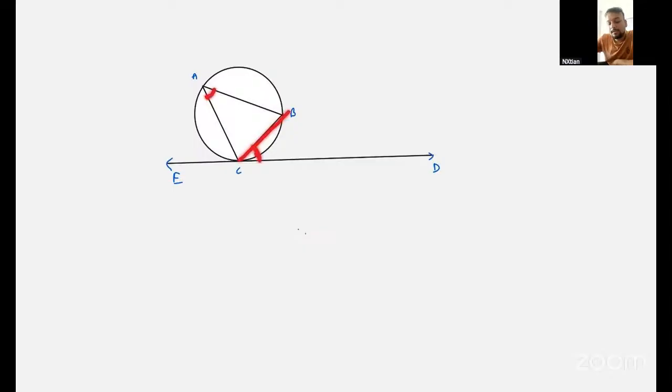So these two angles are equal. That we learn in the alternate segment theorem. Everyone got this? Yes, sir.